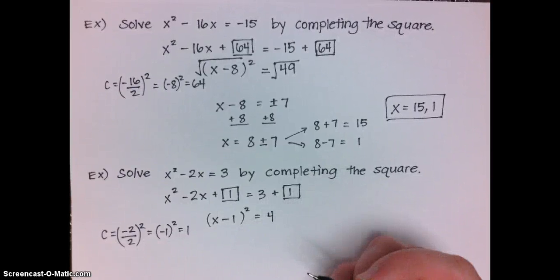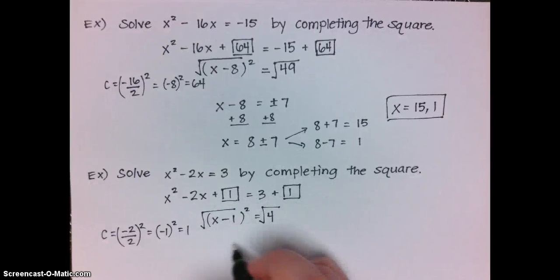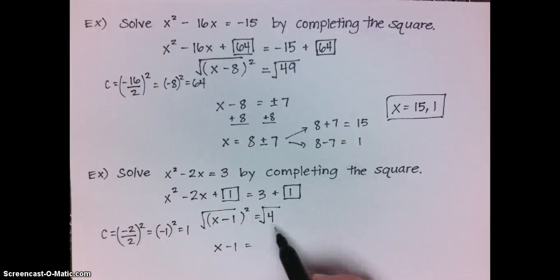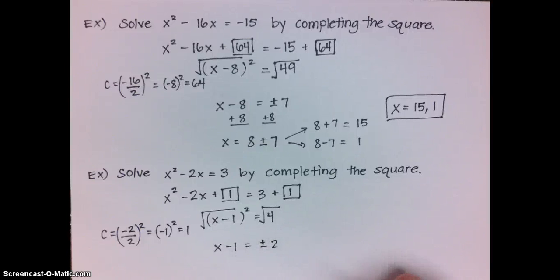This looks fairly simple now. I'm going to take the square root of both sides, and I have x minus 1 on the left-hand side, and the square root of 4 is going to be plus or minus 2. Another step: let's add the 1 to both sides to get x by itself. So now x equals 1 plus or minus 2.